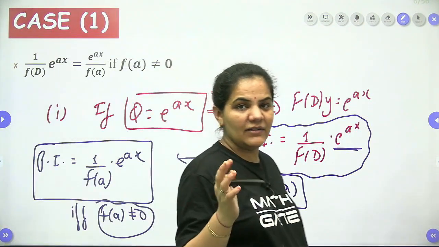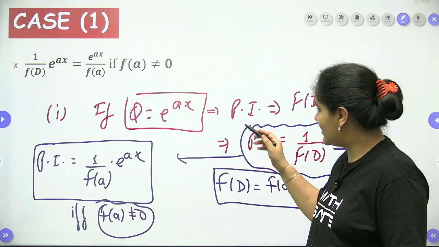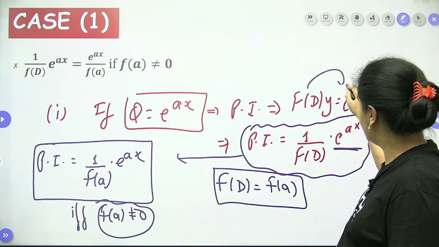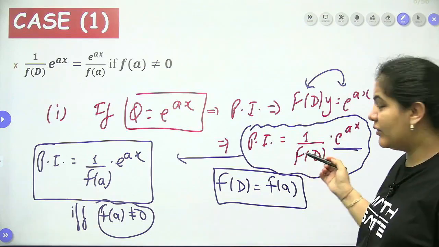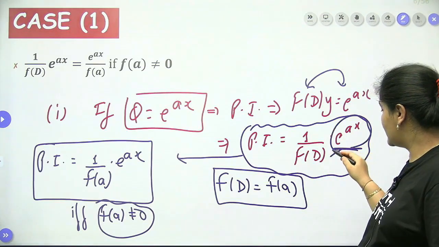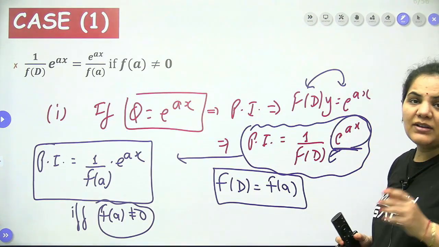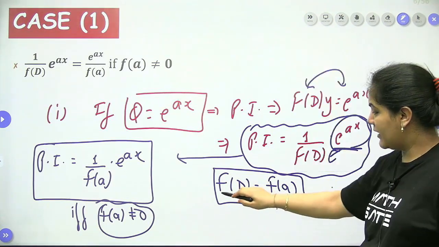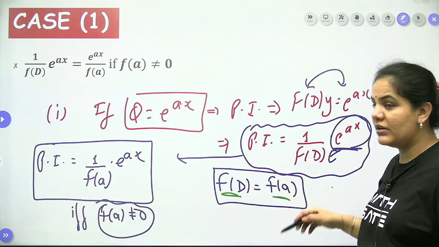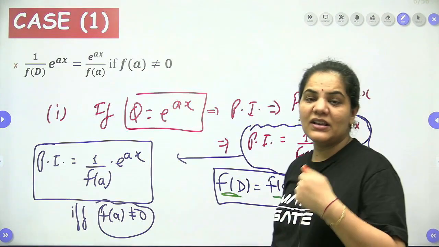Exactly, I was showing you each and every step. If the question is in this form, you write 1 by f(D) into e to the power ax, then you apply e to the power ax on this function of D. When we do that, we can replace D by a in the given equation.